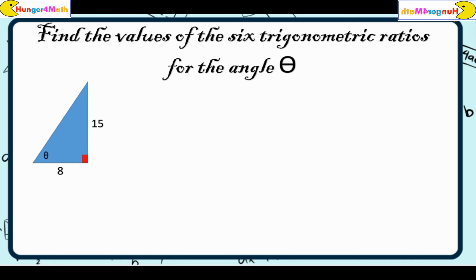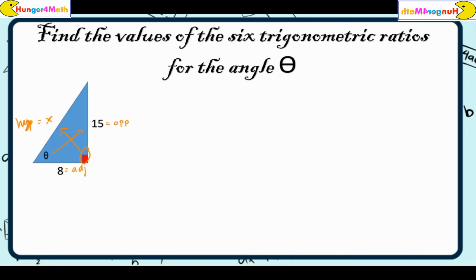Next, find the values of the 6 trigonometric ratios for the angle theta, but on this right-angled triangle, one side is missing, which is the hypotenuse side, since that is the opposite of the 90 degrees. And then the givens are the opposite, which is 15, and 8 will be the adjacent.